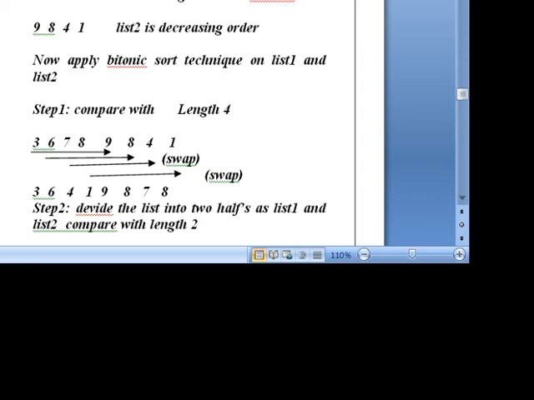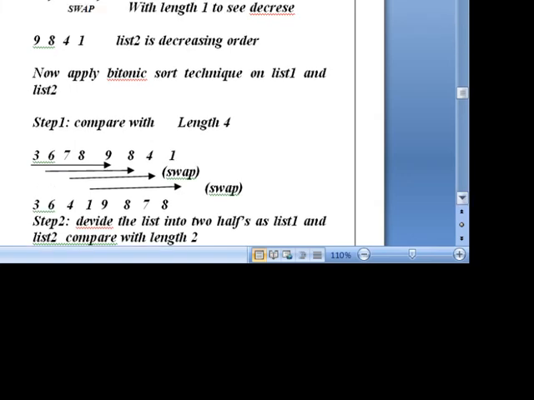What output is generated? 3 5, because the comparator puts the lesser value first, and the maximum value comes next. 8 9, 8 9 we will get. 9 13, 9 13 we will get. 17 40, 17 40 we will get. So this list is in sorted order. So this is an example of how to sort a given list using bitonic sequence.